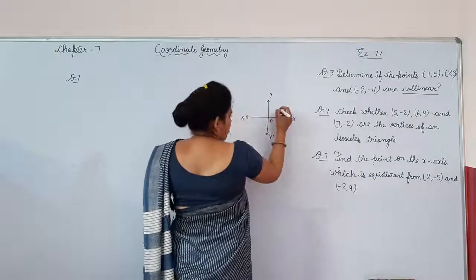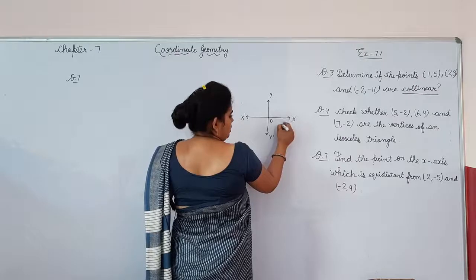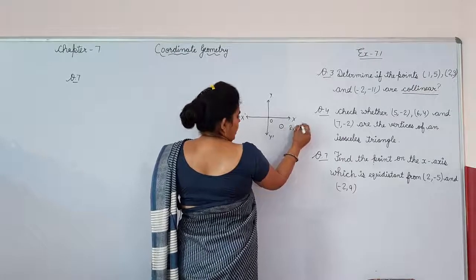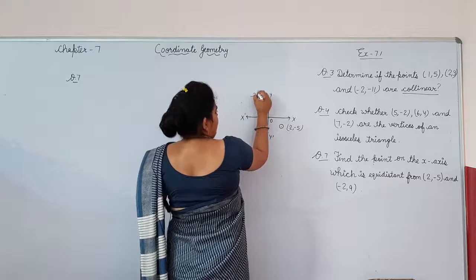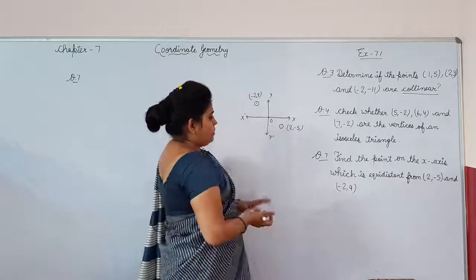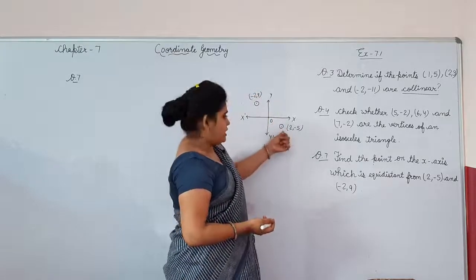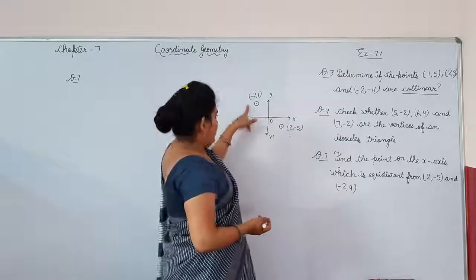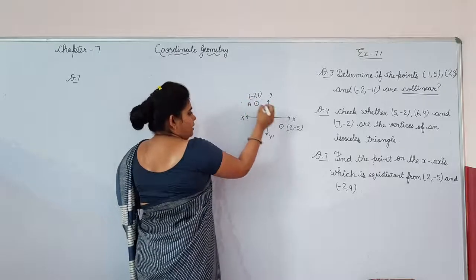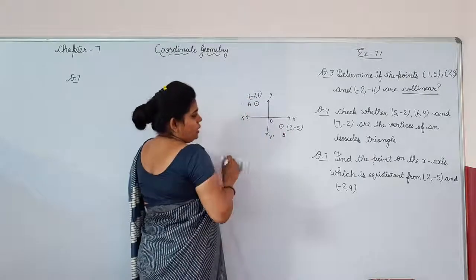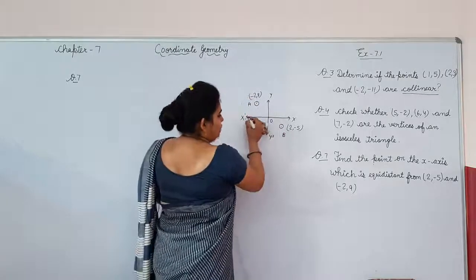Suppose we have 2 points here, (2, minus 5) and (minus 2, 9). I have prepared a rough diagram because in this quadrant x is positive, y negative, and here x negative, y positive. Let it be point A, it is point B, and you have to find any point on this axis.